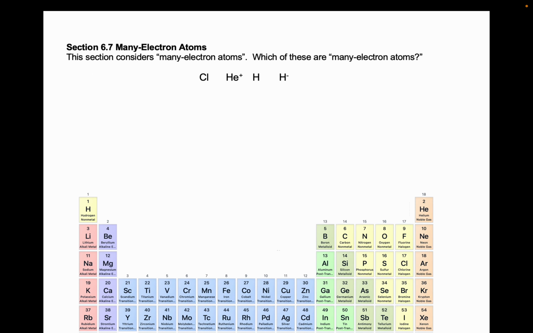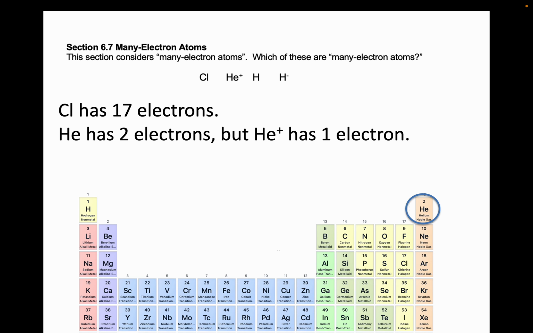So first of all, what are many electron atoms? If we look at the pre-class activity, it asks us to identify which of the following are many electron atoms. If it has more than one electron, it is a many electron atom. Chlorine, atomic number 17, is a neutral atom, has 17 electrons. Helium has 2 electrons, but the helium plus cation only has 1 electron.